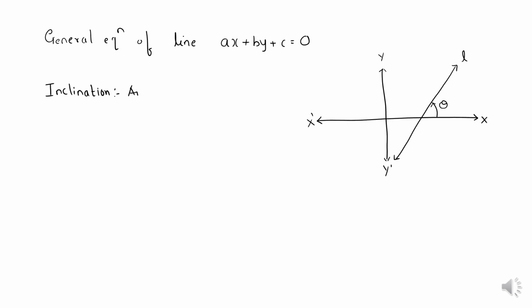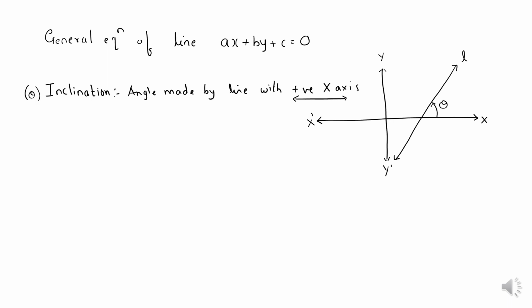So when I use the word inclination, it means the angle made by the line with positive x-axis. This word positive is very important. If the angle is made with positive x-axis, then it is called inclination, and it is indicated by theta.